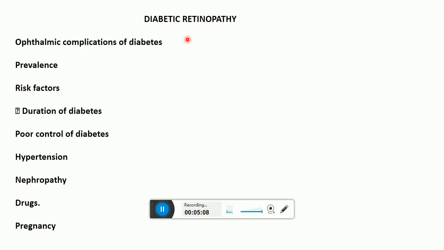Now, diabetic retinopathy. Diabetes is a major concern for healthcare systems throughout the world. The prevalence of diabetes is relentlessly increasing, particularly in working age adults. Diabetic retinopathy is the commonest cause of new blindness in most industrialized countries, mainly because of a delay in obtaining medical treatment.